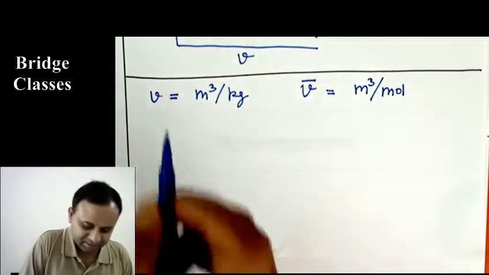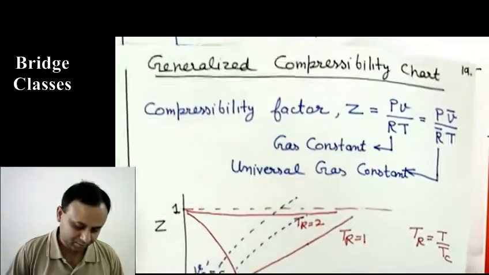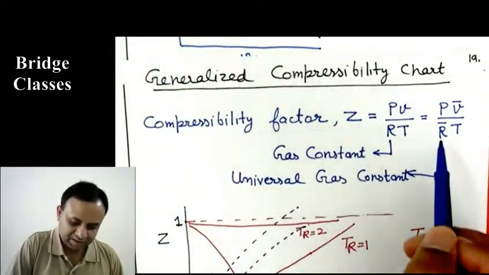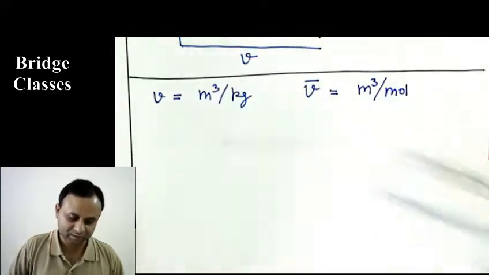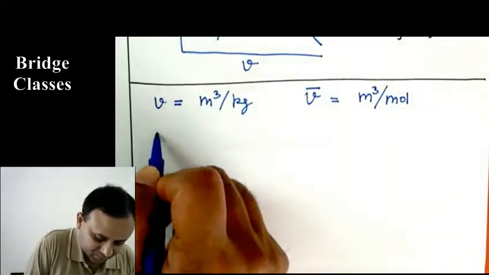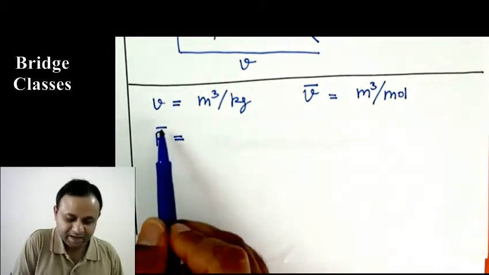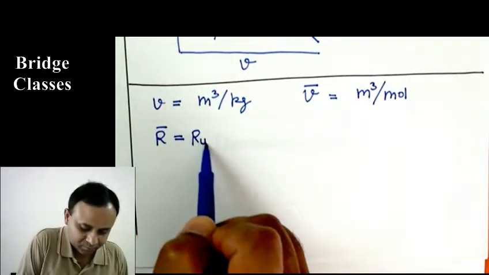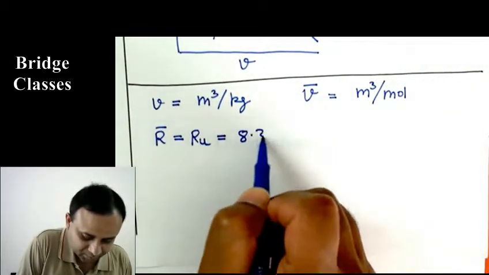And similarly, in the equation you see here, there is R bar. This is the universal gas constant. Sometimes we indicate that as R bar or as R_U. That is the universal gas constant, and its value is 8.314.